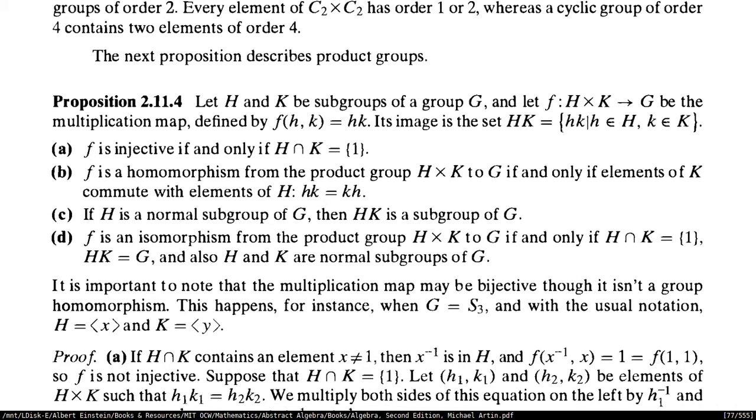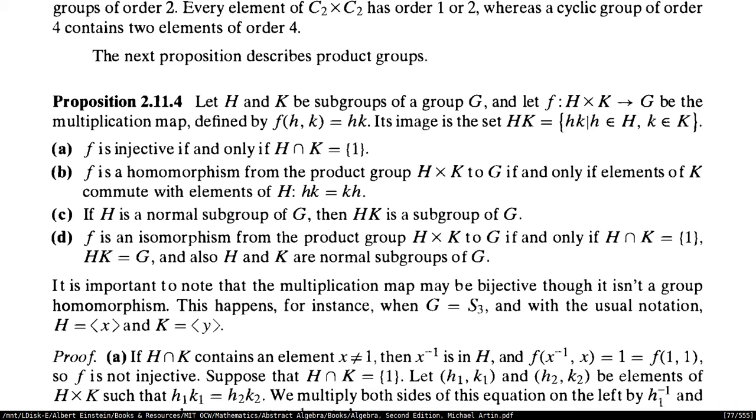So what you would get is K1 times K2 inverse, and that is equal to H1 inverse times H2. K1 times K2 inverse is going to be an element of K, right? Because K1 and K2 are elements of K, so the product of them is going to be in K, right? And H1 inverse times H2 is also going to be in H.